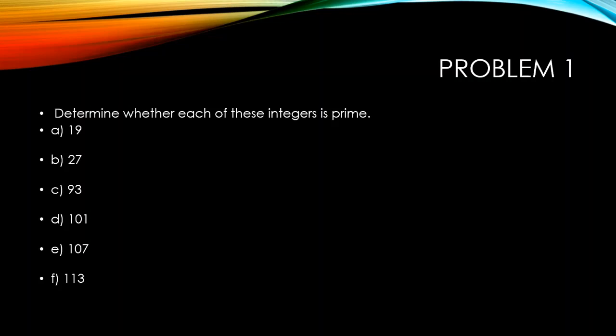To determine if there is another factor based on the given, we're just going to get the square root of the given. The range of the divisor that we're going to divide into our given will be from 1 to less than or equal to the square root of n.